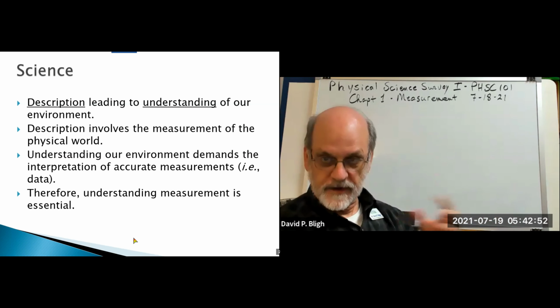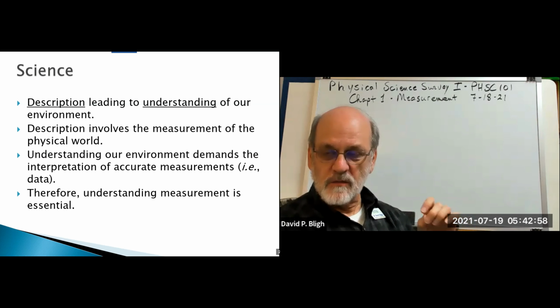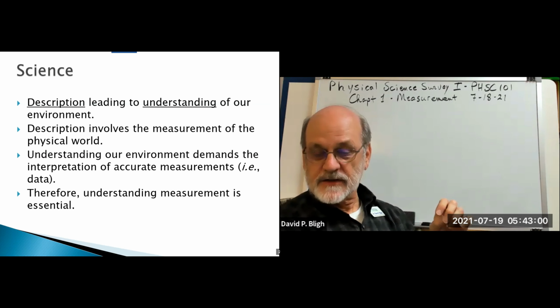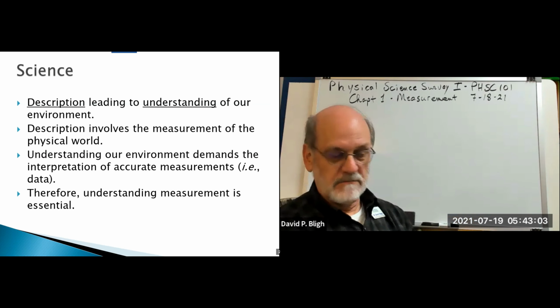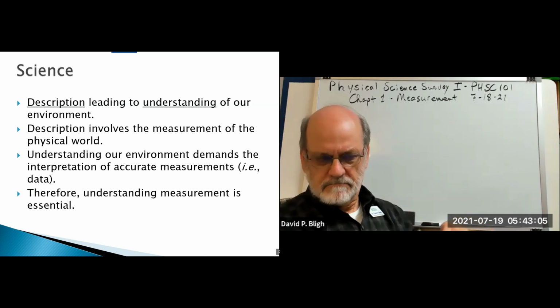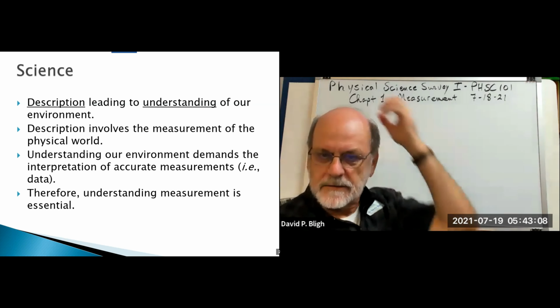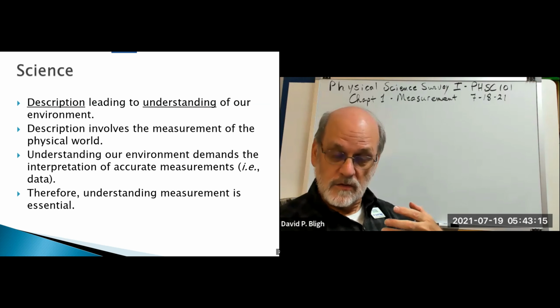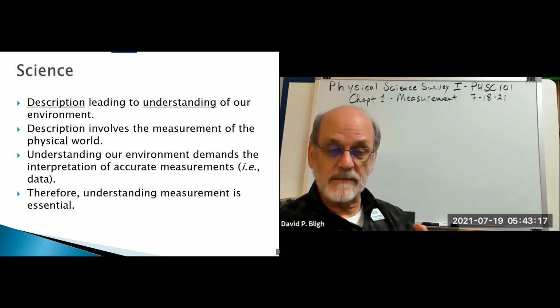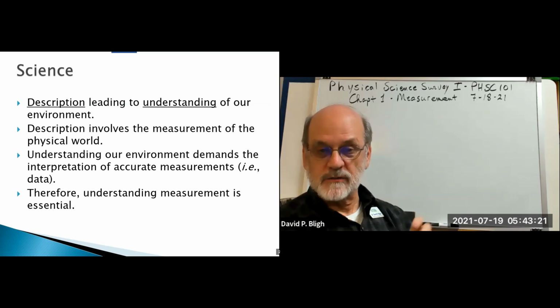And in order to do that, we need some way to measure the world. Now, sometimes we measure by what we consider length, width, height, mass, various descriptive terms that also have numbers attached to them that describe those measurements.